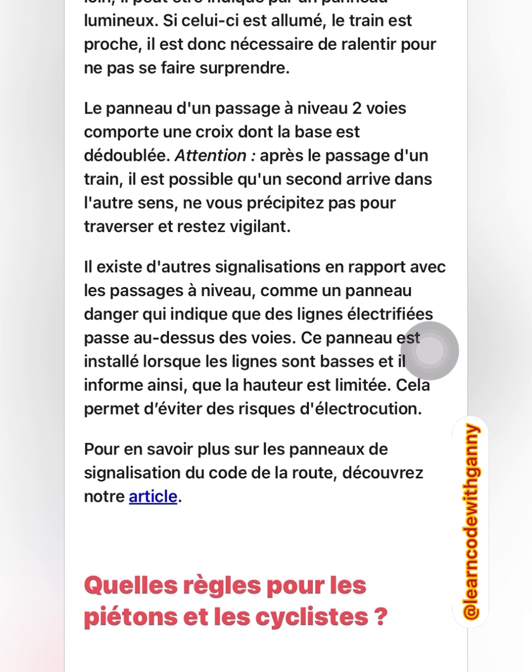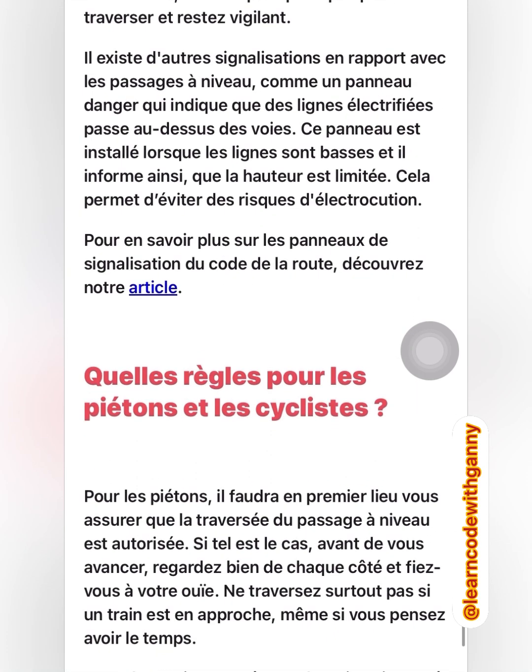There are other signs that relate to the level crossing, such as danger signs that indicate an electrified line passing over the track. This panel is installed, let's take note, when the lines are low and it informs that the height is limited. This avoids the risk of electroshock. Take note so that you will not be electroshocked when you are driving.